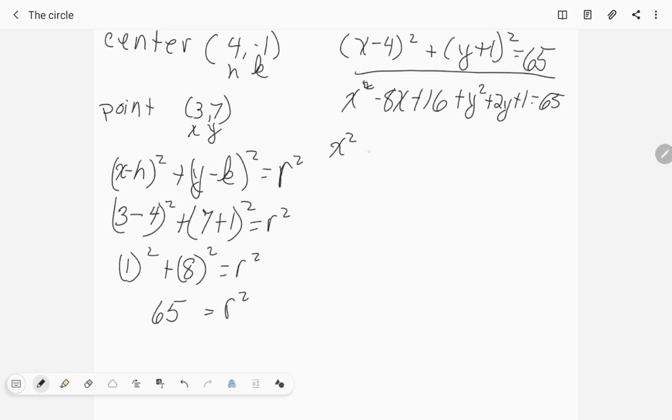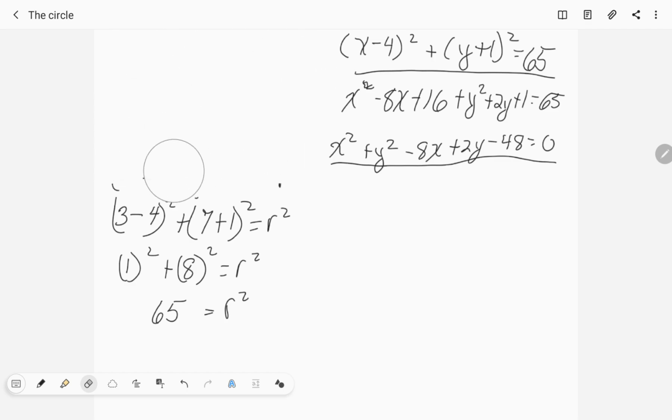You'd have x squared plus y squared minus 8x plus 2y, and then I'd have 16 plus 1 minus 65, which gives me -48 is equal to 0. And there I have it in general form, okay? So far, hopefully, this is not too bad.